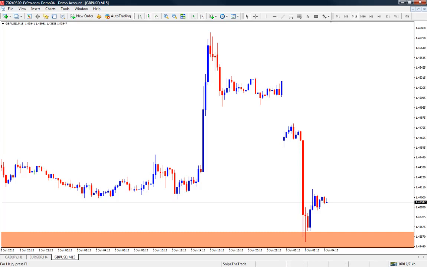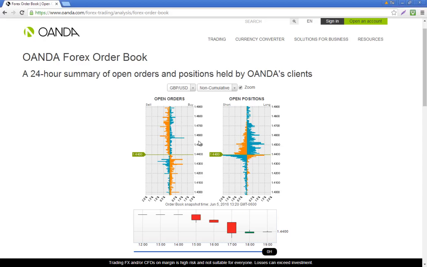Now let's go back to the Oanda order book, and as you can see, those buyers are still positioned here. Now look at the open positions and look what happened here. After we dipped to the 43 level, there was an increase in buy orders. There's an increase in open buy positions, but there's still an imbalance to the short side.